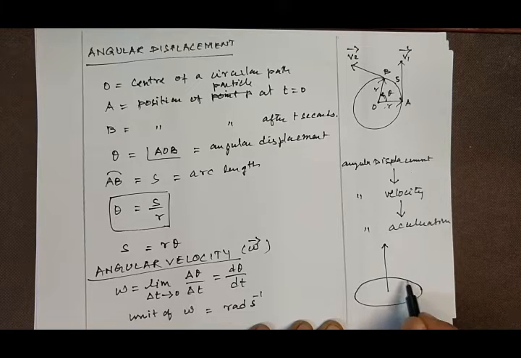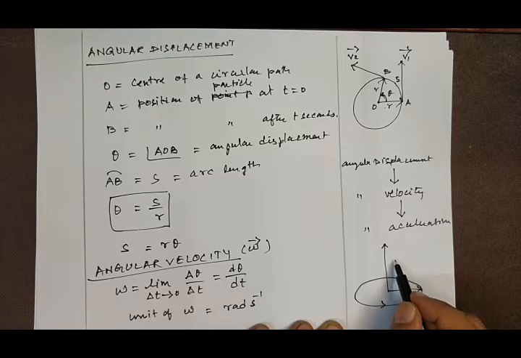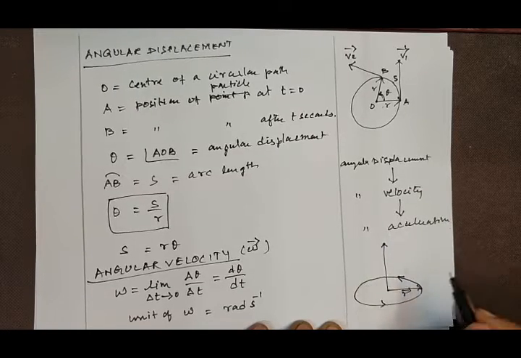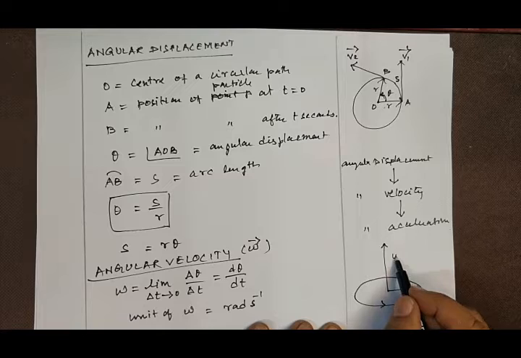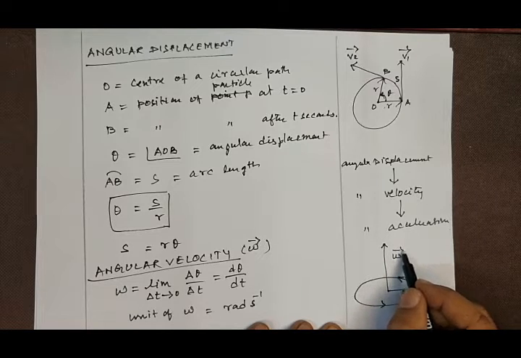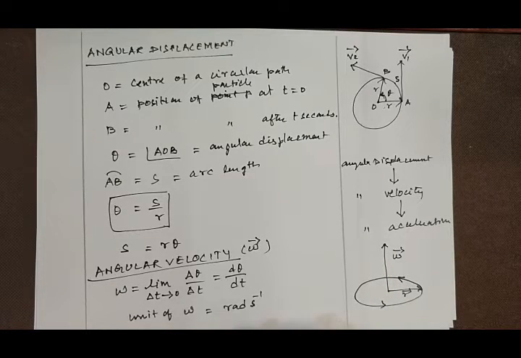Okay, so this is the circular motion, and this is the radius, that is r vector. And what about this along the axis y? So here omega vector, that is angular velocity vector. So this is the direction of angular velocity.